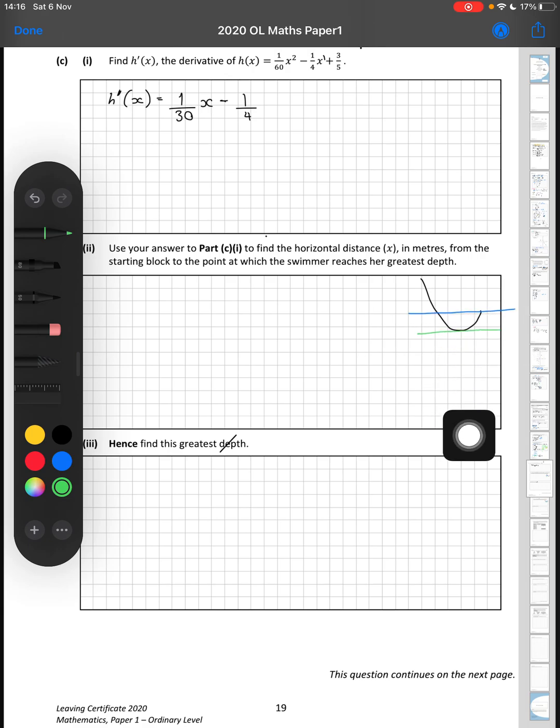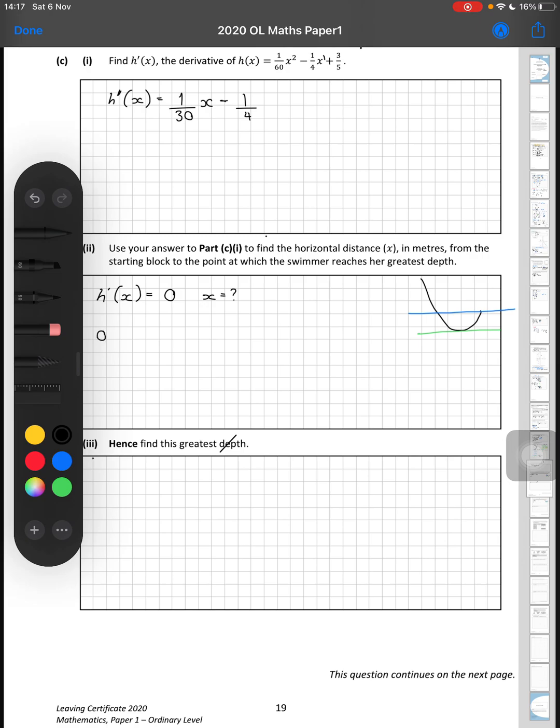minimum point. Remember, to get the minima and maxima, or the minimum points and the maximum points, we are letting the derivative, the slope, equal to 0. So we're finding the tangent that has a slope of 0.